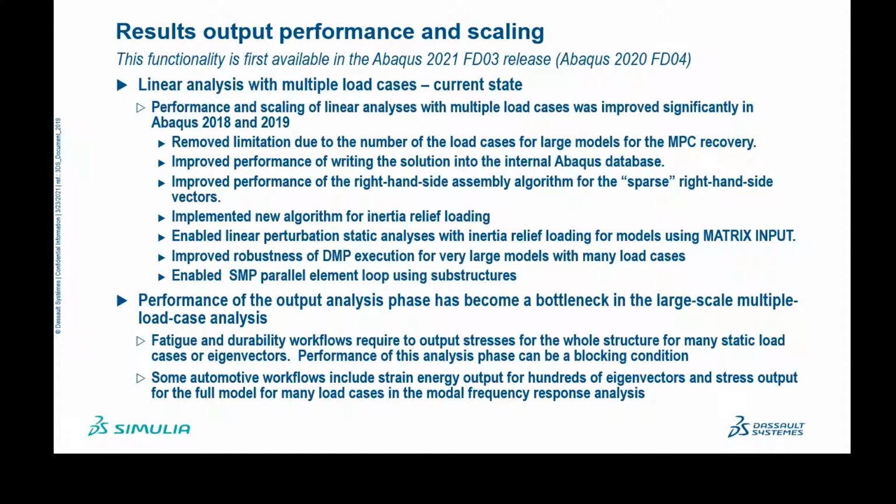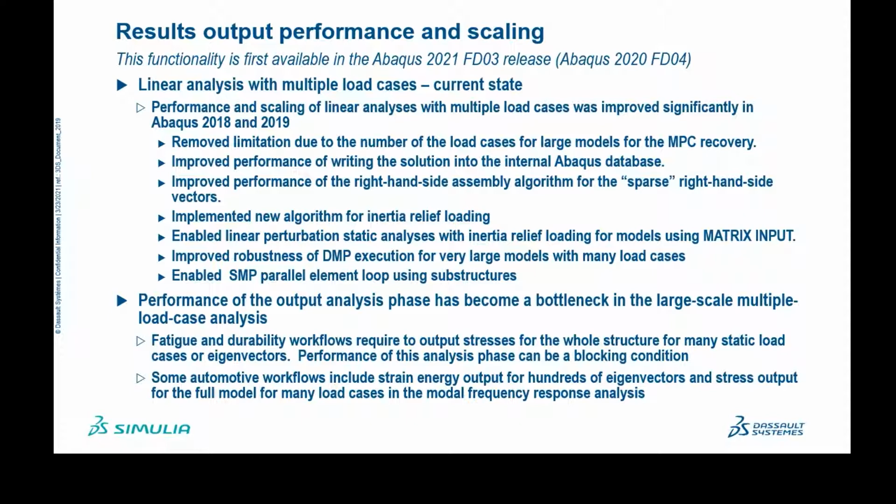So one of the major improvements in Abaqus 2021 was the result output performance and scaling. This functionality has been available since the 2021 FD03 release. Just a quick touch base on the linear analysis state of the art.